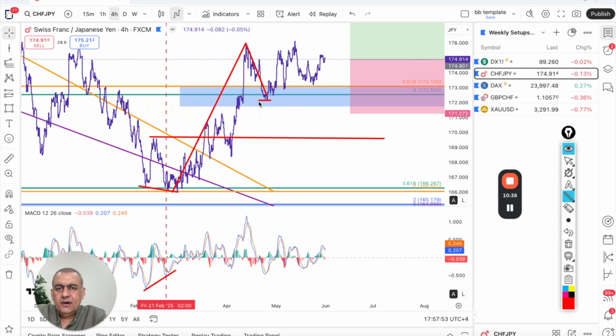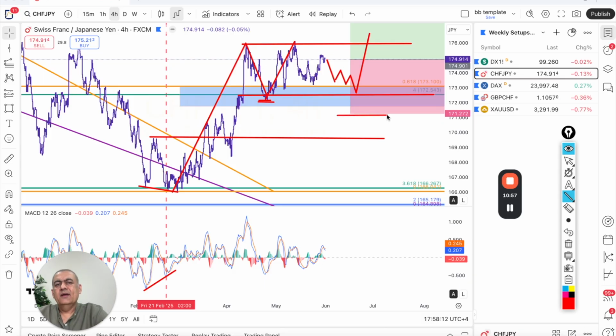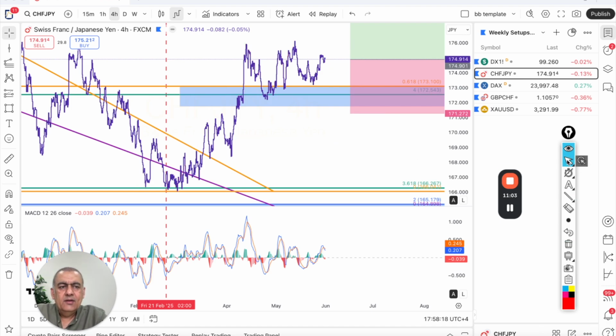Retest, it bumped into the support magnet and it starts bouncing again. Now it has entered into sideways consolidation. So the idea is to buy near support inside the sideways range and protect your trade with the stop loss below magnetic support, and aim for 179 as the first target and 181.14 as the second target.